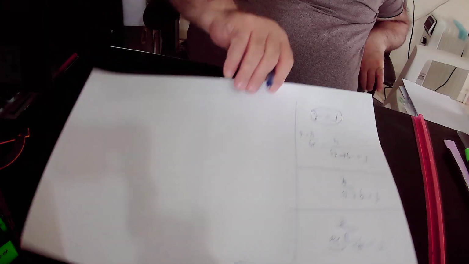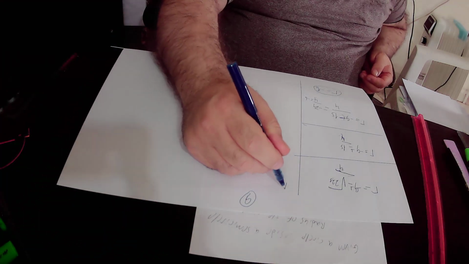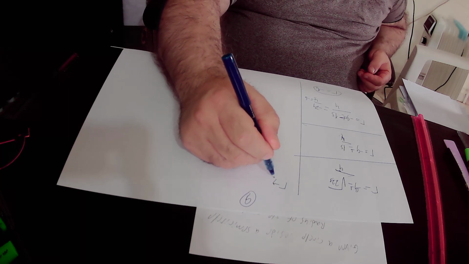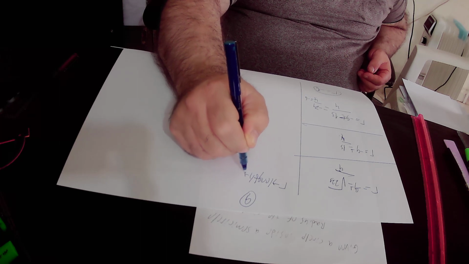I will write it down here. r is a length, and as a length, it must be a positive number.